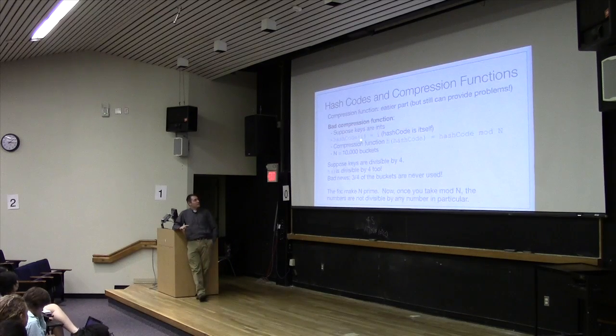If you had a hash code which was just the number, and all of those numbers happen to be divisible by 4, and you did mod of the number of buckets, which was 10,000 buckets, well, guess what? 3/4 of the buckets wouldn't even be used. That'd be a terrible hash function, right? Because you'd end up dividing by 4, and then 3/4 of the time they'd never even land in that bucket.